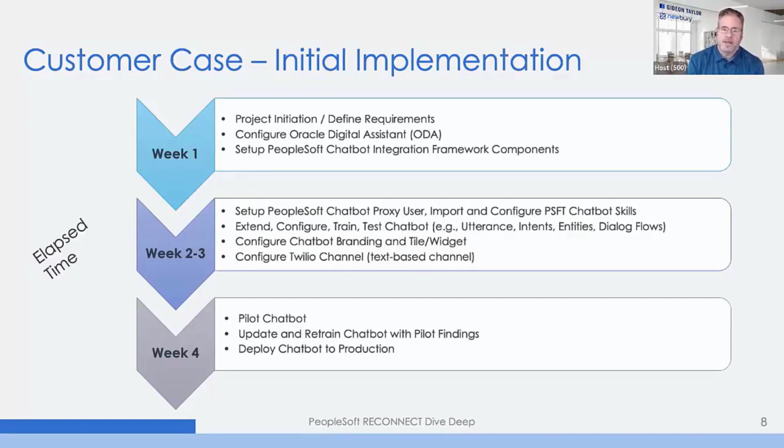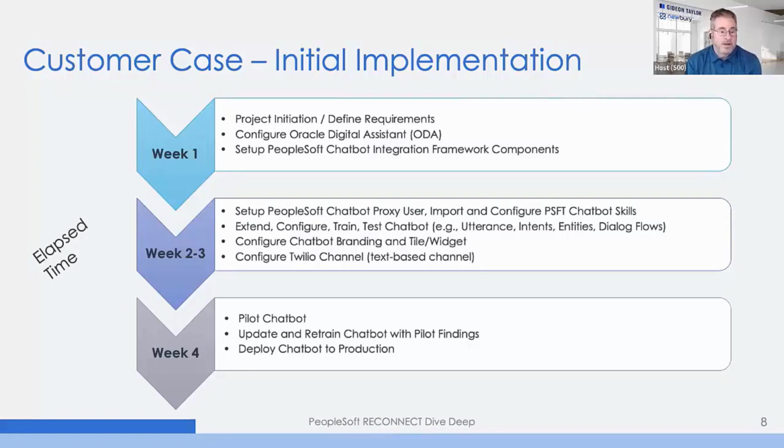One of the best ways to do that is to essentially do a proof of concept where you roll out, say, a limited set of skills to a small group of users, and you check and see whether those chatbots are in place and responding well. And then you can expand and roll out that POC a little bit later.